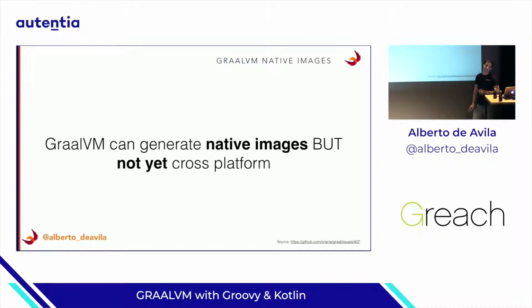GraalVM can generate native images, but not yet cross-platform. This means that if we generate an image, for example, in Linux, it will not work in Mac. For Windows users, call Oracle to request support.